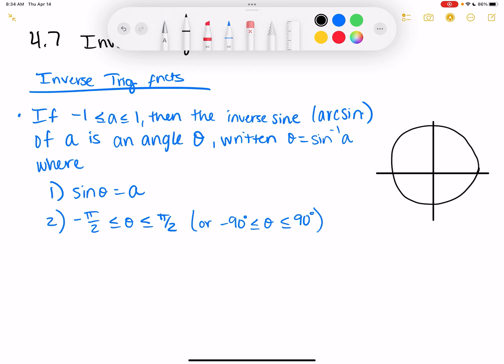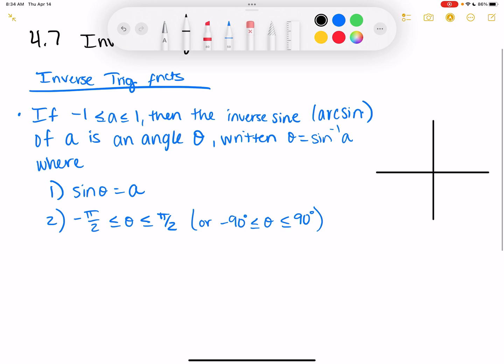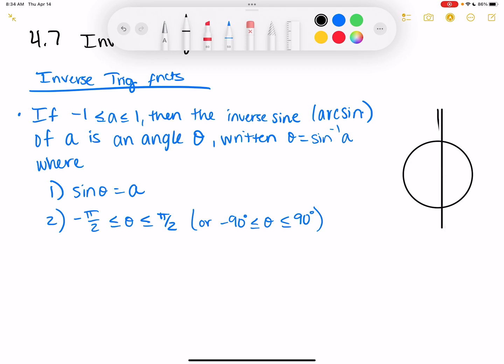It's really irritating that your iPad makes it so good, and mine is so bad. I think you should draw the circle and then the line. I know, I was just thinking that. I still can't do it. There we go. Close enough. We're going with good enough. Okay, great.